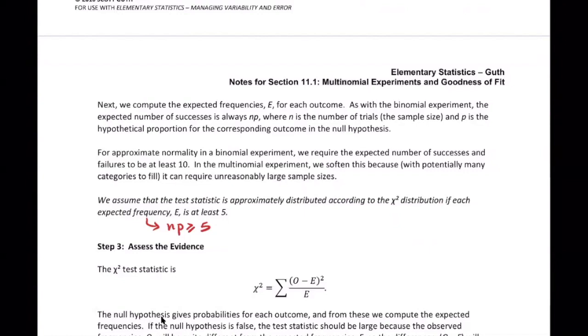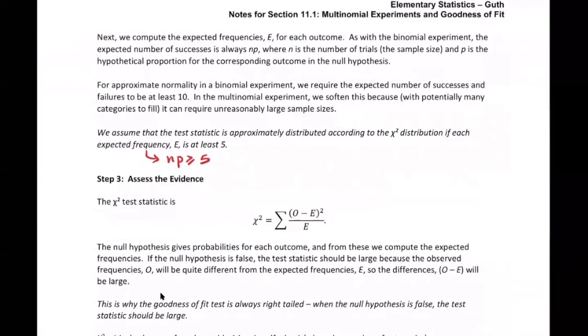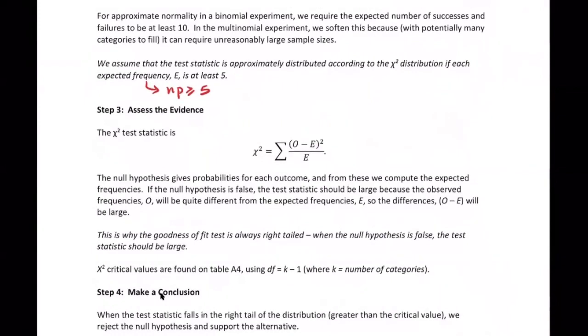Before we said np is at least 5, and the other np was actually nq, had to be at least 10. I'm sorry, NP and NQ had to be at least 10. Now we soften just to make life better, and they have to be at least 5. Okay, any questions? Okay, but that's for every category. A little bit of pain. But you have to compute all those anyway.